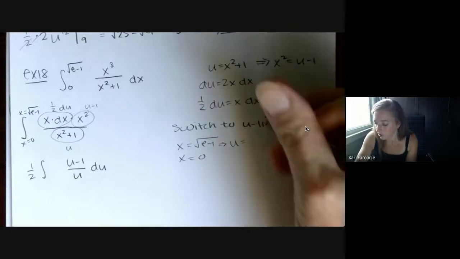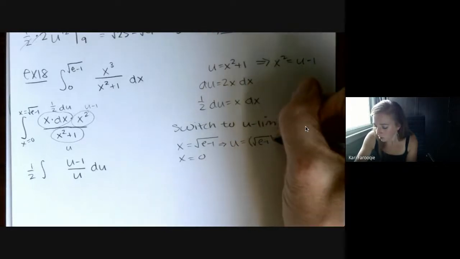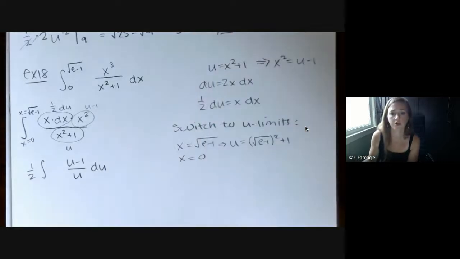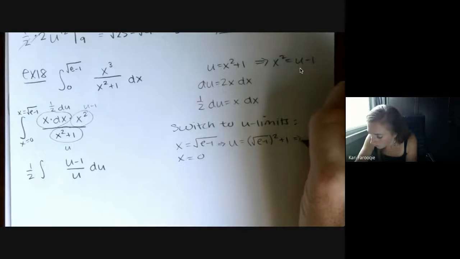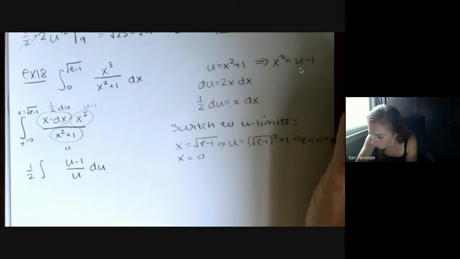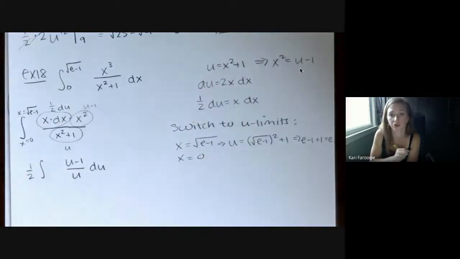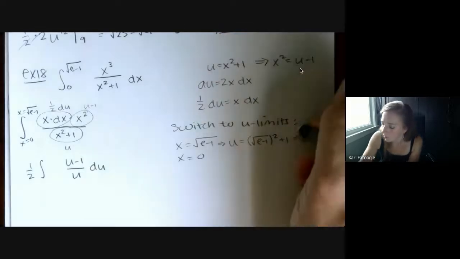U is x squared plus 1, so you'll have the square root of e minus 1 squared plus 1. The square root squared just leaves you with e minus 1 plus 1, which is just e. The arrow's bothering me.